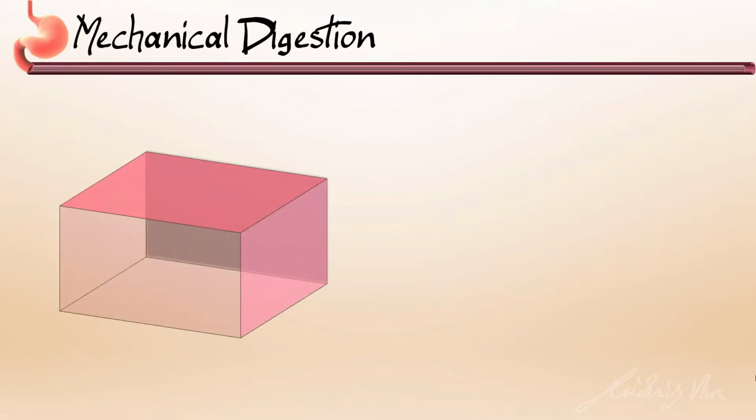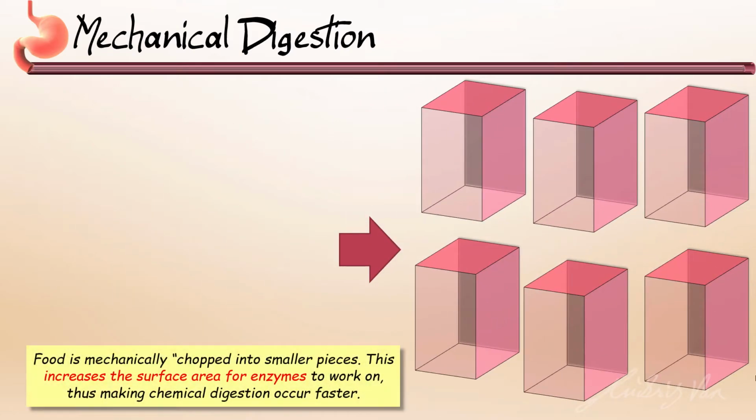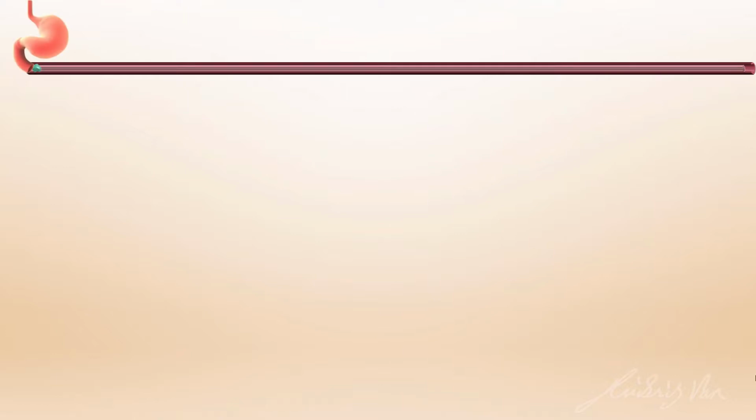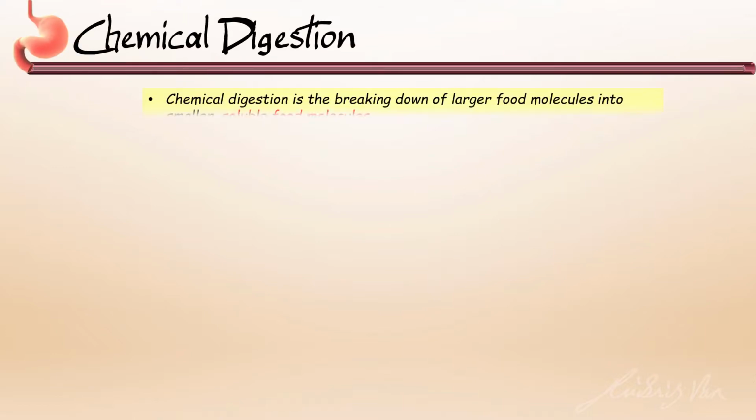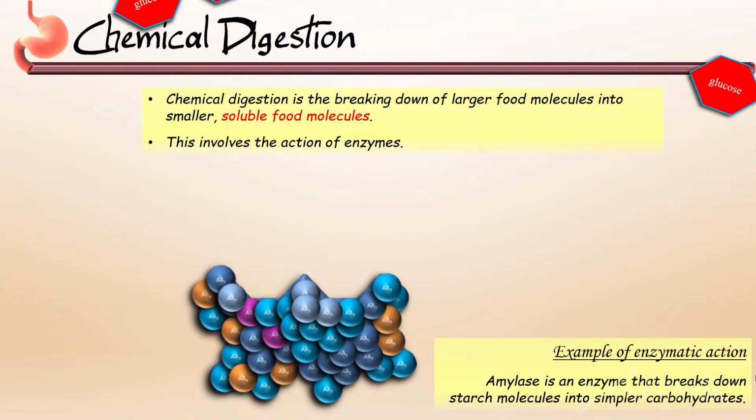In mechanical digestion, a big chunk of food is broken down into smaller pieces, and this allows a greater surface area for the enzyme to work on, so that chemical digestion can occur at a faster rate. Chemical digestion is the breaking down of larger food molecules into soluble food molecules, and this involves enzymes. An example is shown here.